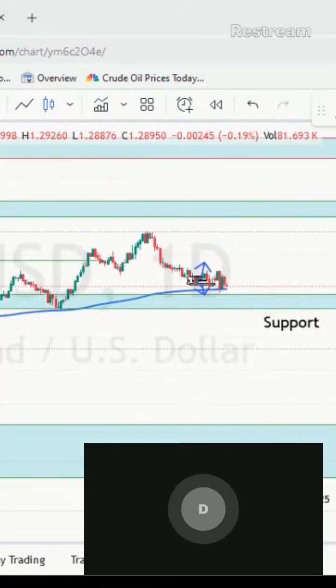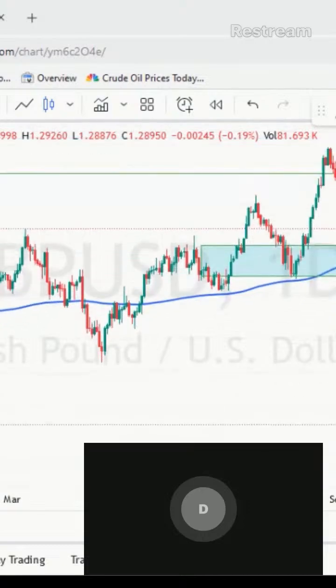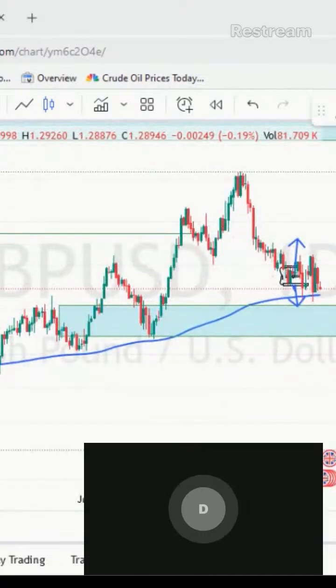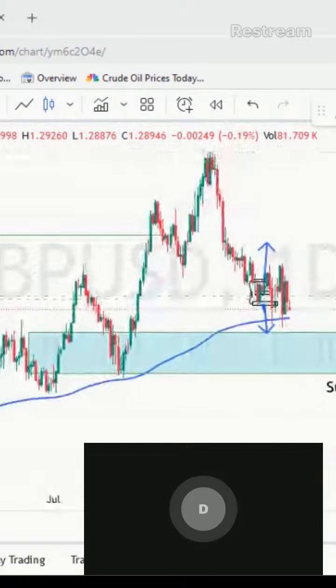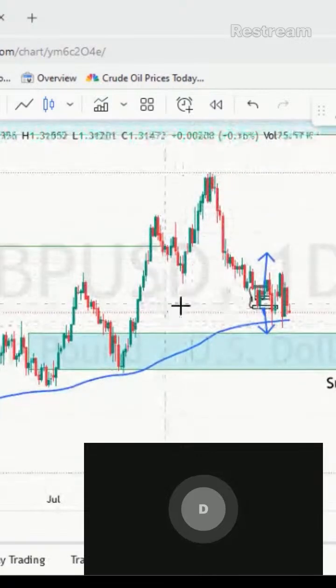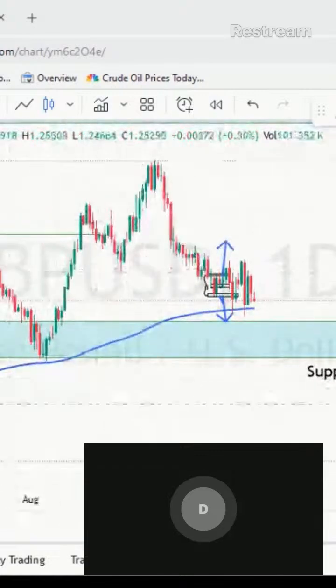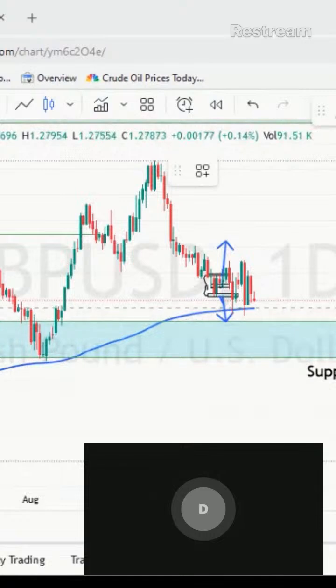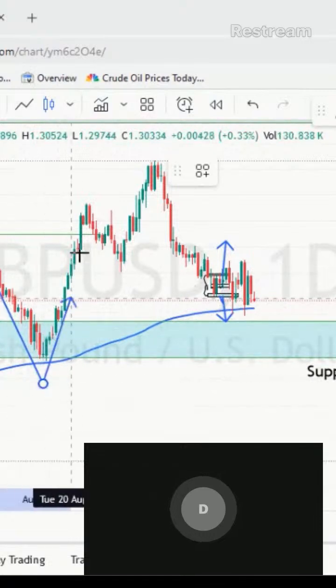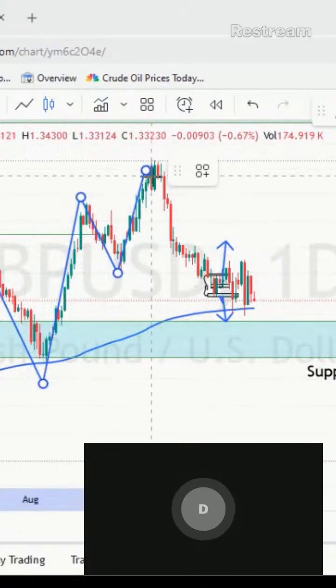Let's look at what is happening on lower time frame, on daily time frame. If you look at this daily time frame now, you can see that we have a good and clear uptrend here too. From here, we have been making higher highs, higher highs, higher highs, higher highs.